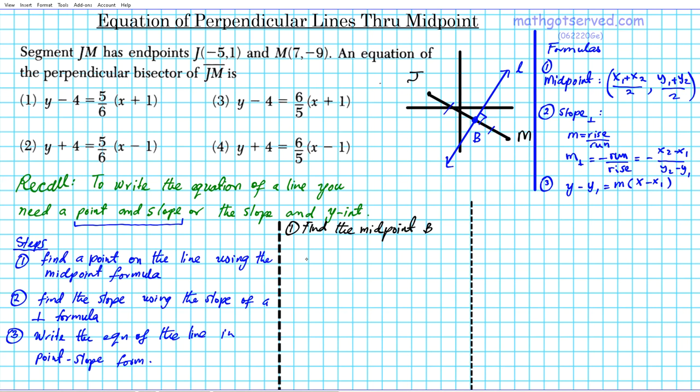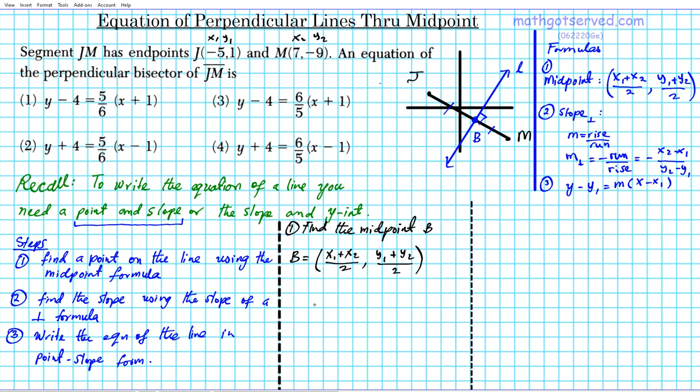So let's go ahead and find the midpoint B. To find the midpoint B, we're going to be computing the first formula, x1 plus x2 over 2, comma, y1 plus y2 over 2. All right, so this is x1, y1, and then this is x2, y2.